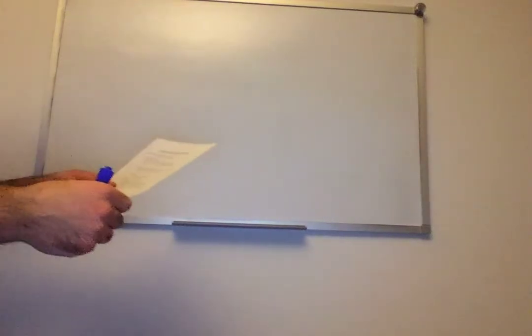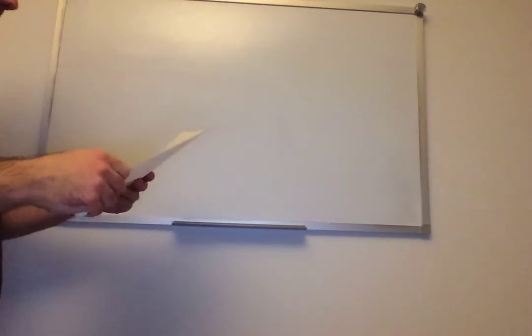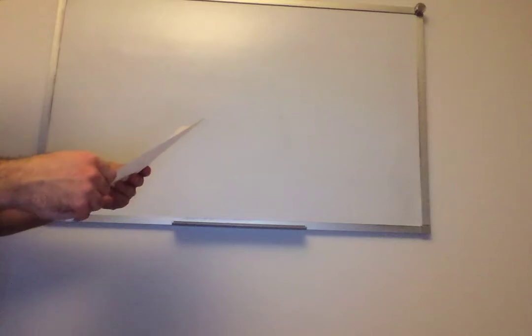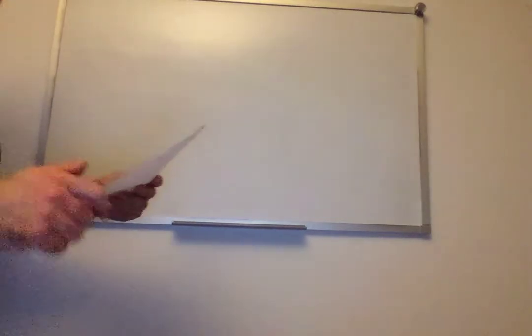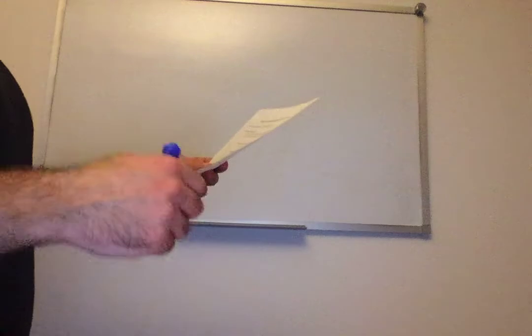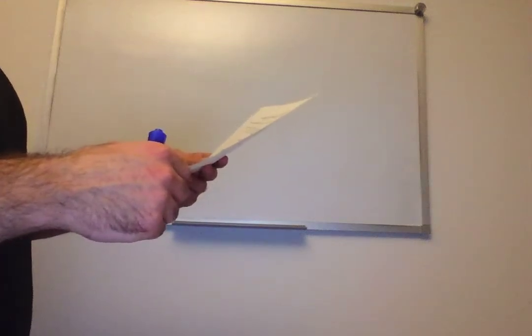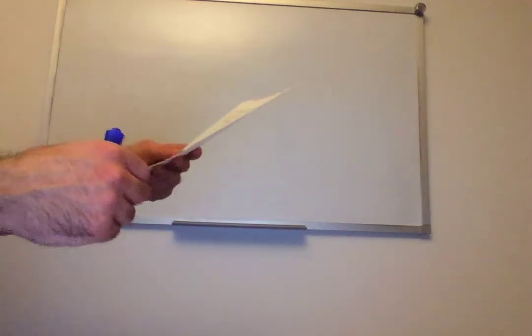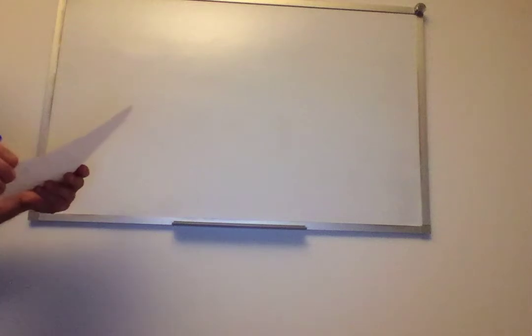So now we have another definition. A point P on a curve is called an inflection point if f is continuous and the curve changes from concave up to concave down or concave down to concave up at P.